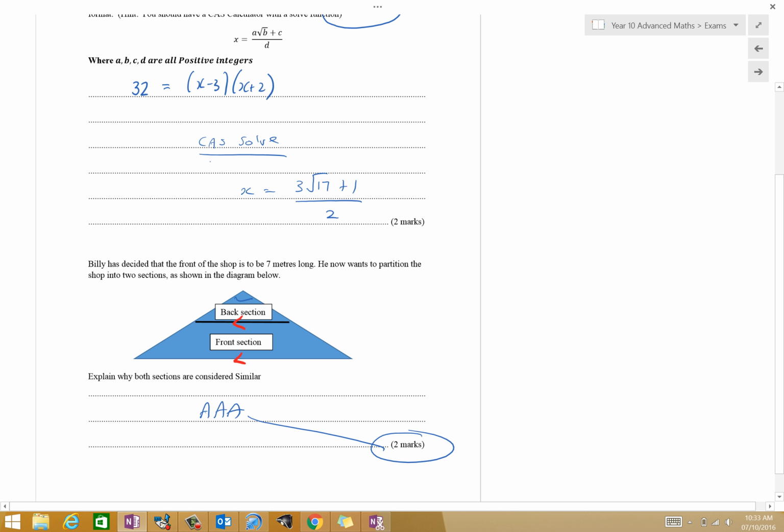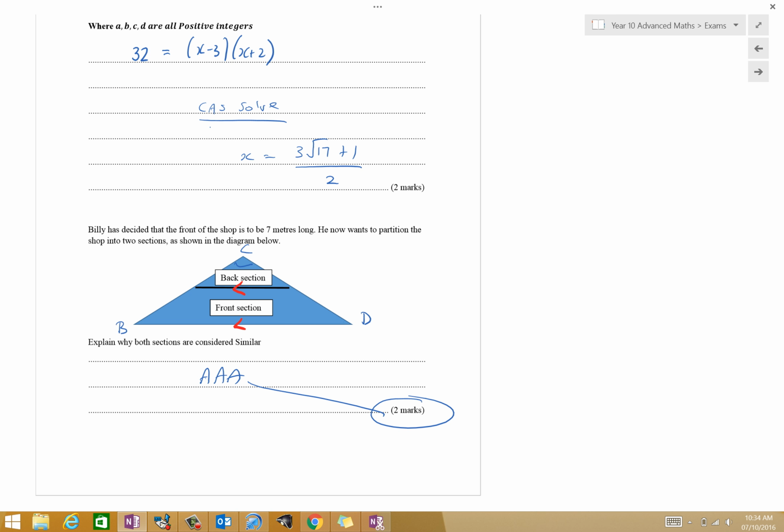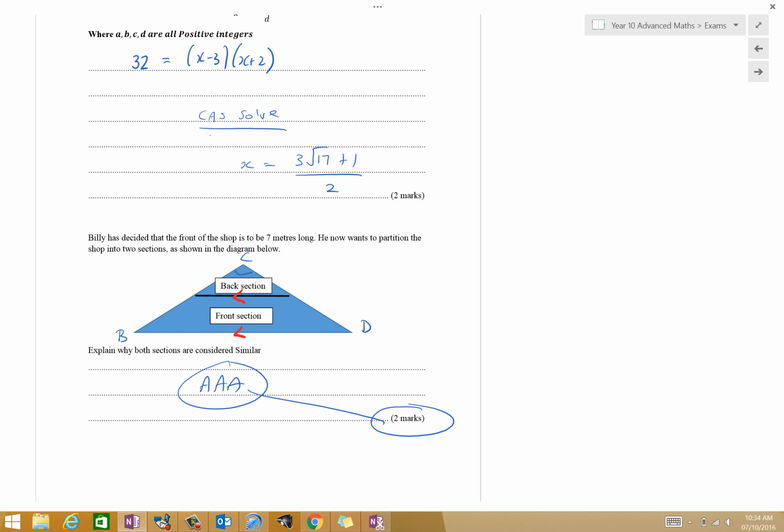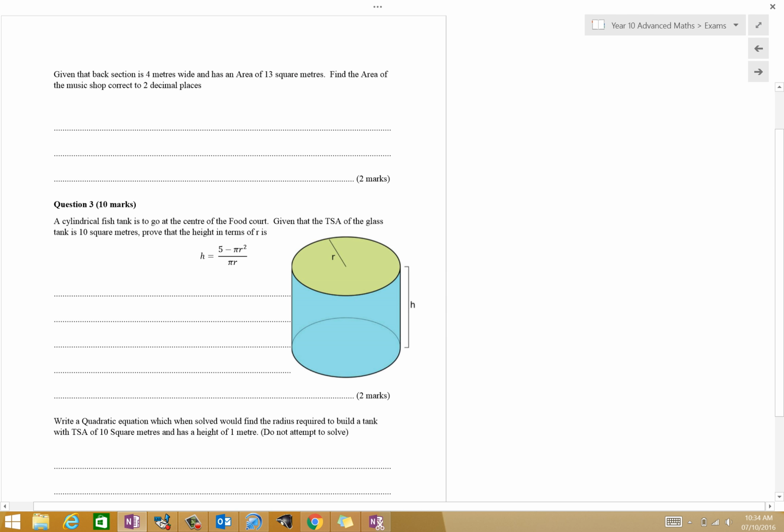You then need to label it as, let's say, B, C and D, and you could say that angle BCD is shared, and then you could say that angle CBD is corresponding to the one. That's how you get the other mark. You need to actually prove it. There's no way that's going to get you 2 marks, is it? Okay, but I'm going to just fly through that.